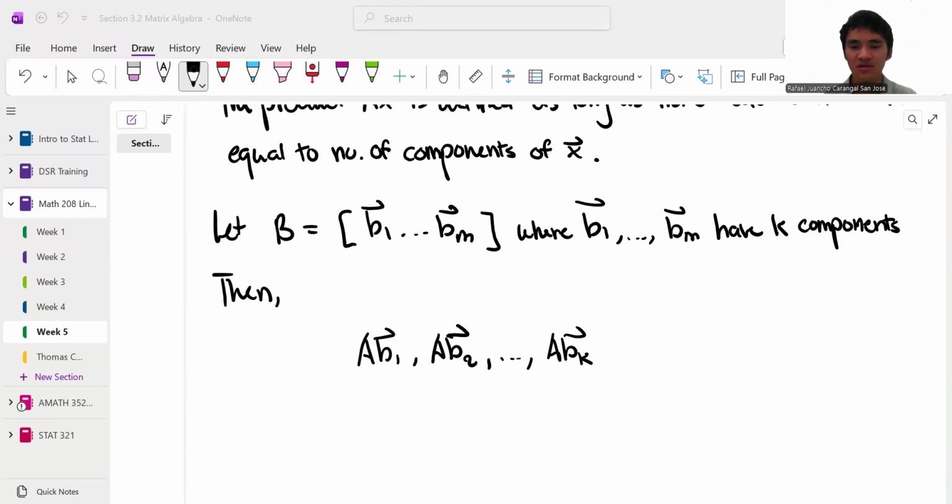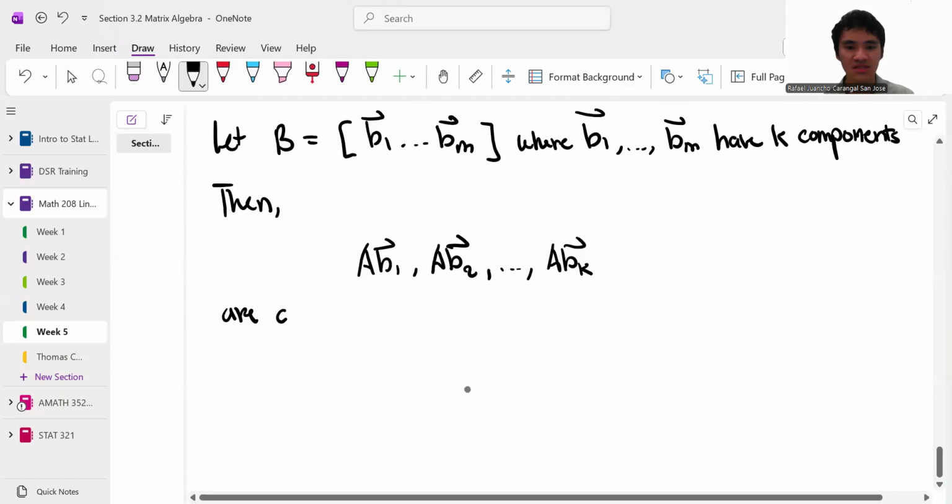With each having the same number of components as A has rows. So these are vectors. When you multiply a matrix by a vector, it's going to be a vector. So these vectors are all defined, while each of these vectors have the same number of components as A has rows, right? So these vectors are all defined.